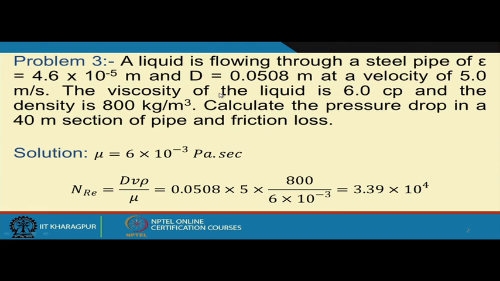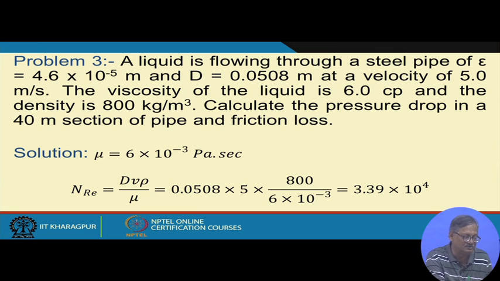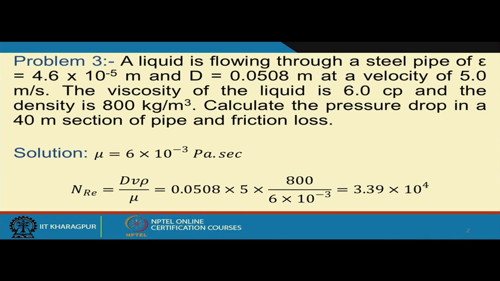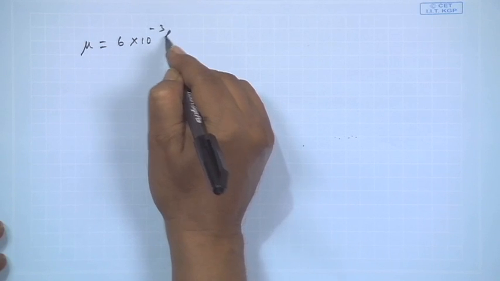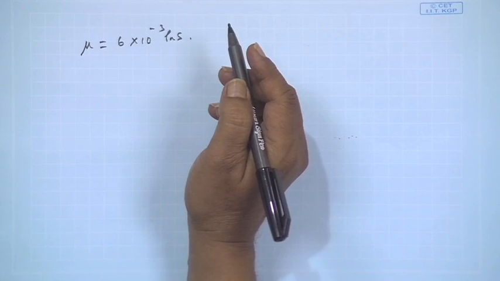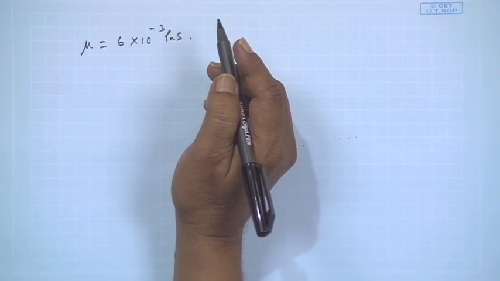The viscosity of the liquid is 6 centipoise and the density is 800 kg per meter cube. Calculate the pressure drop in a 40 meter section of the pipe and also frictional loss, right. Now, we are given mu equals 6 times 10 to the power minus 3 Pascal second, right.